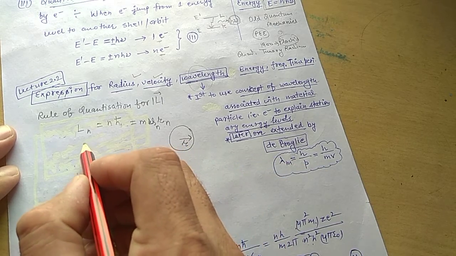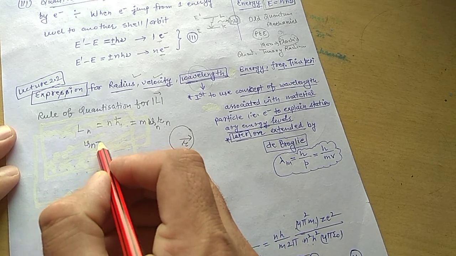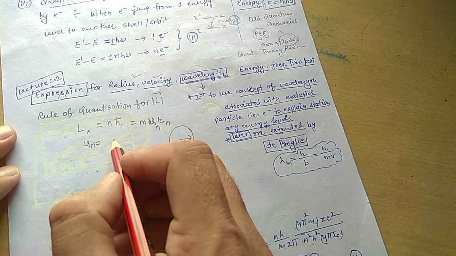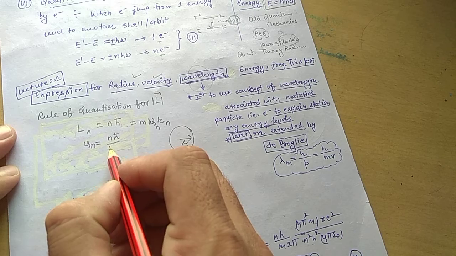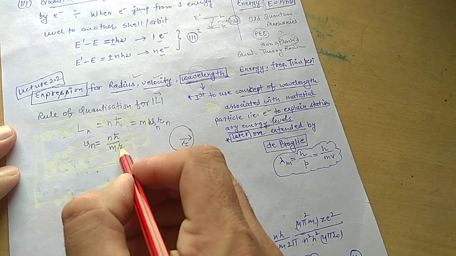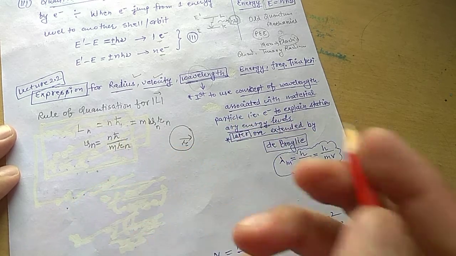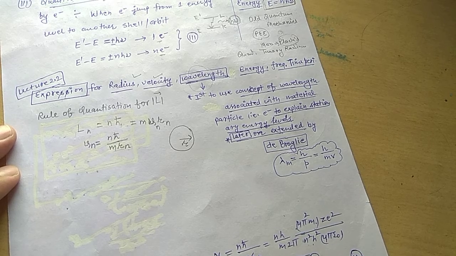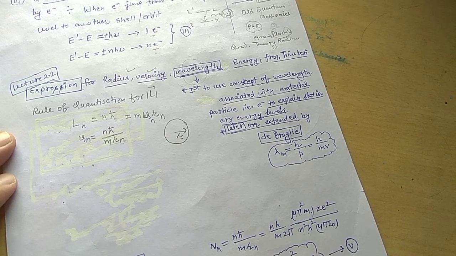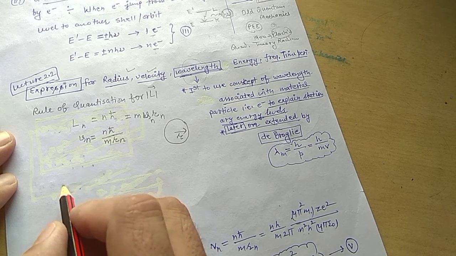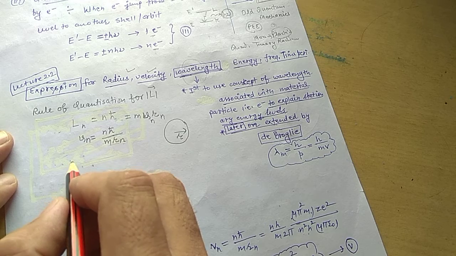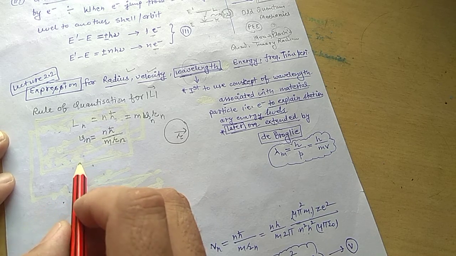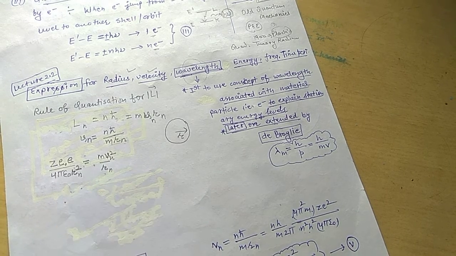So from here you can take an idea of the velocity. The velocity will be equal to n h cut divided by the mass of the electron and the radius in the nth orbit. If you compare the relation for centrifugal force and Coulombic attraction, then you will get the relation of the energy as I write below.